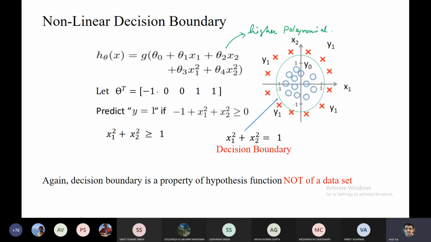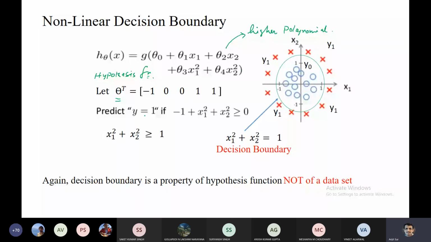Here theta transpose x, this hypothesis function, theta is minus 1, 0, 0, 1, 1, and these are x1, x2, x1 square, which means this is a quadratic function, and x2 square.